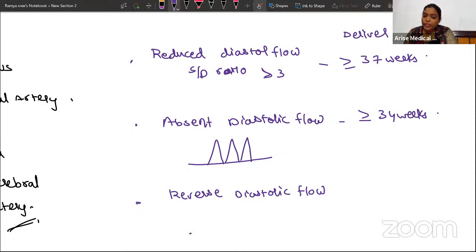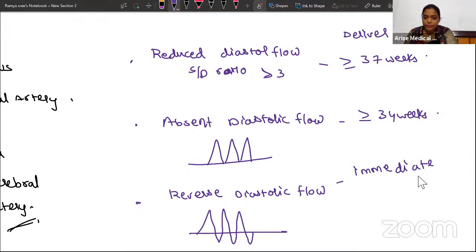Reverse diastolic flow is blood going to the fetus during systole, and blood coming back during diastole. That's very dangerous. So with reverse diastolic flow, you have to do immediate delivery, as there is an impending sign of death in the next 24 hours.